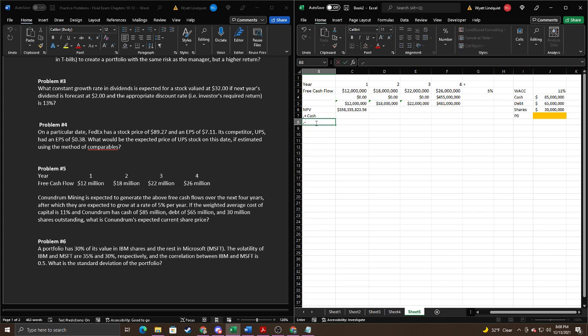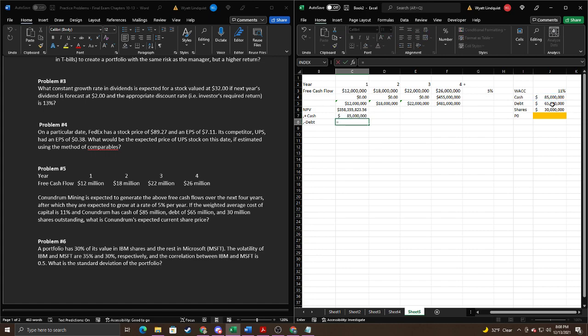And then minus debt. The stockholders expect this NPV going forward, but they also have claims over this cash. The company has to pay its debt before it can pay its stockholders.